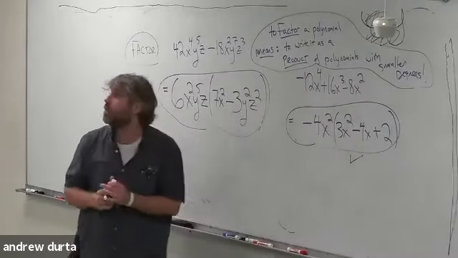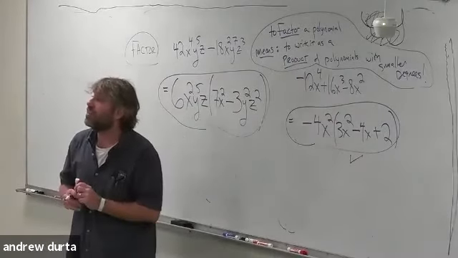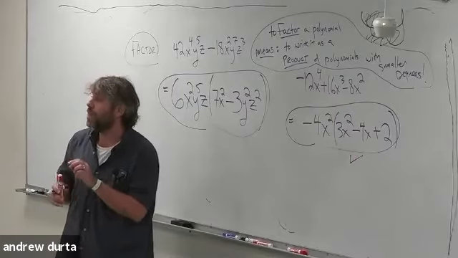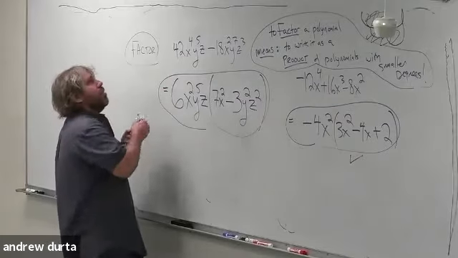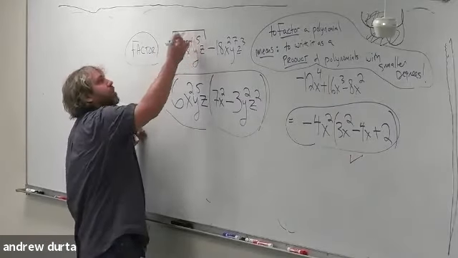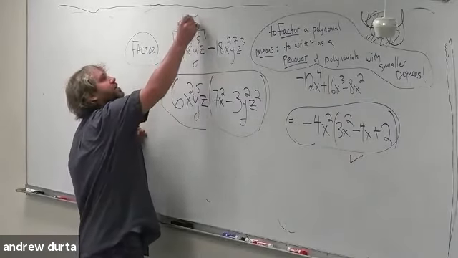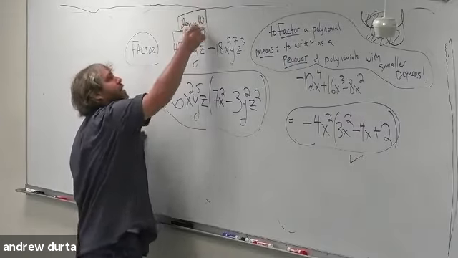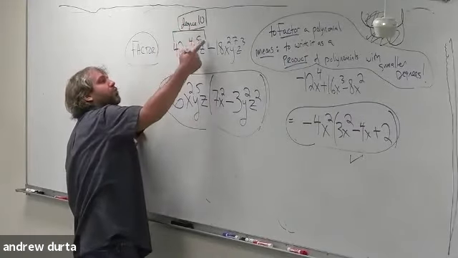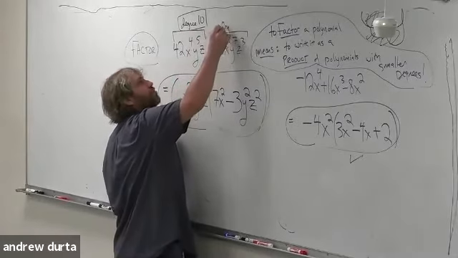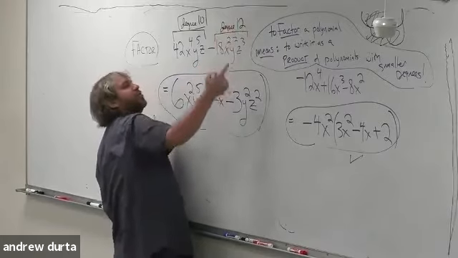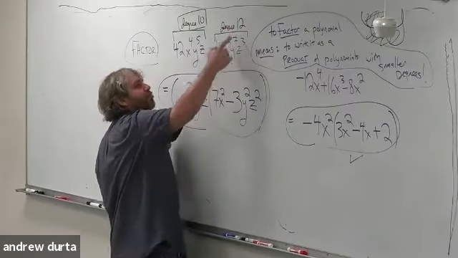For those of us that remember that when there are multiple variables, things get a little more funky. This polynomial here, you'll remember, this term here is degree 10. Because it's degree 4 plus 5 plus 1, that's degree 10. This term here is degree 12, because it's 2 plus 7 plus 3, and that's 12.